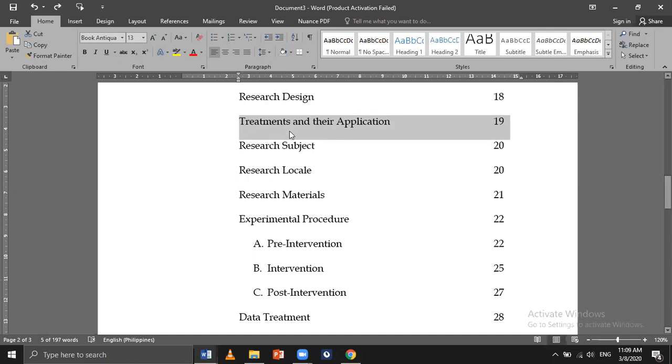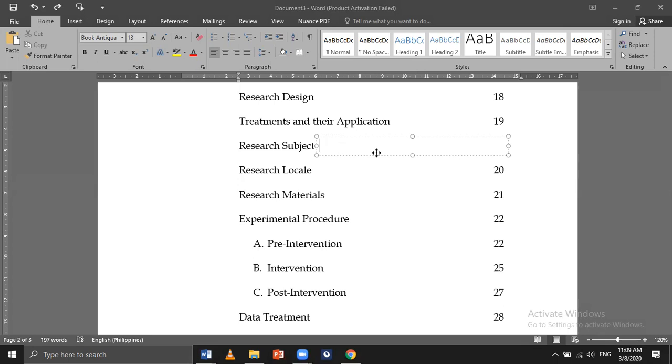The treatments include the control subject, the control treatment, the negative treatment, and also the positive treatment, and those things. We will be talking about that. And also your research subject. The only difference in this part is that research subject is for experimental research.